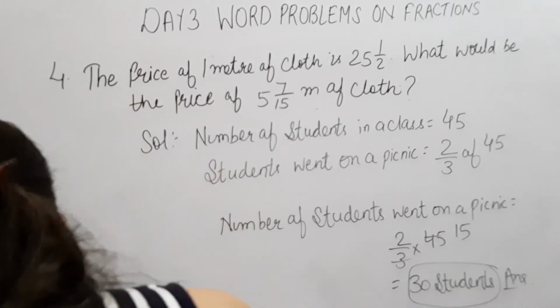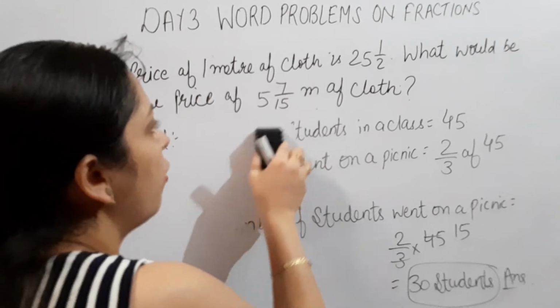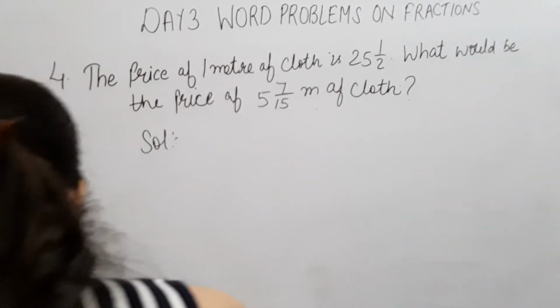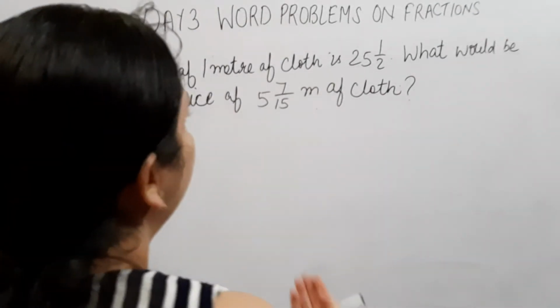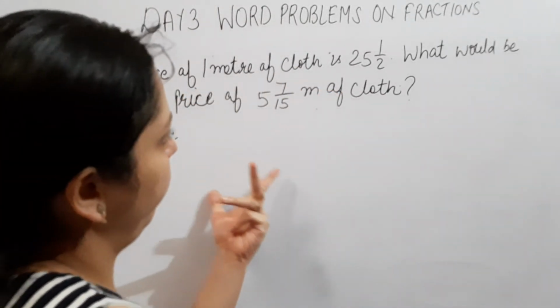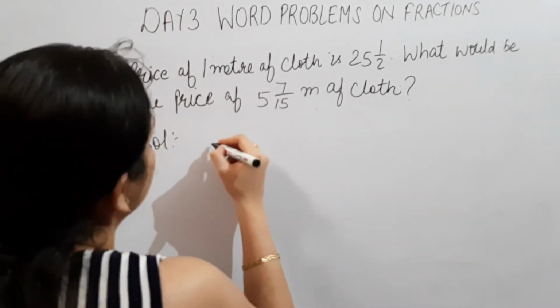It is not a case of "of", it is a case of simple multiplication, where you are given the price of 1 meter of cloth and you have to find the price of a bigger length of cloth. So you will multiply it.